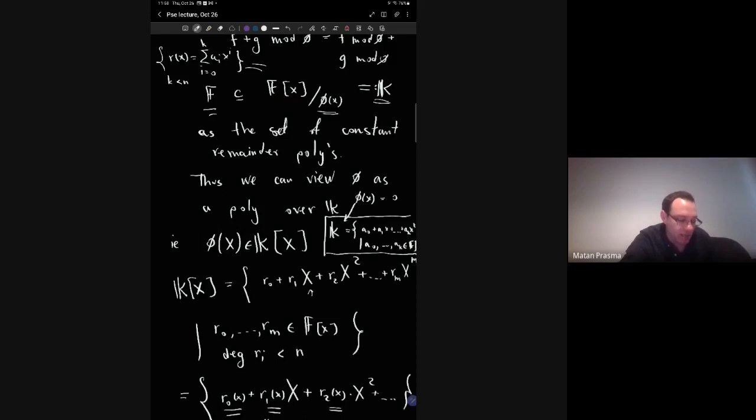And once it contains x, it must contain all scalars times x, and all powers of x, and all sums of these expressions. So it must contain K. So in fact, K is the minimal field which contains F and contains the root pi x.